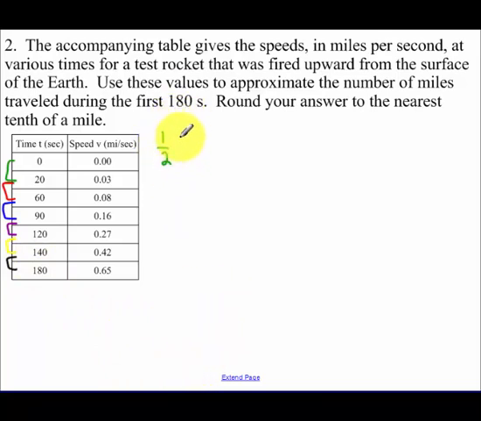So 1/2, my height, the difference between my x values, which is 20, base 1 plus base 2. And I did that in my calculator, we got 0.3.